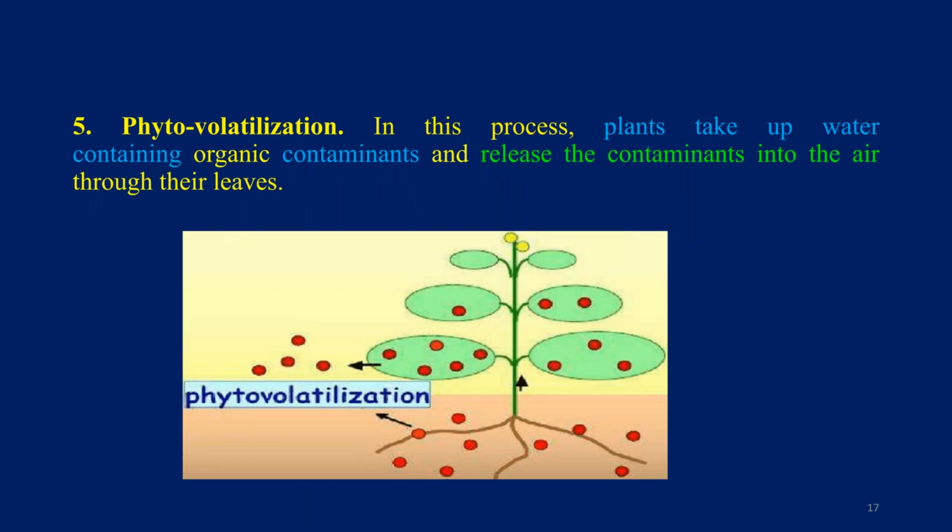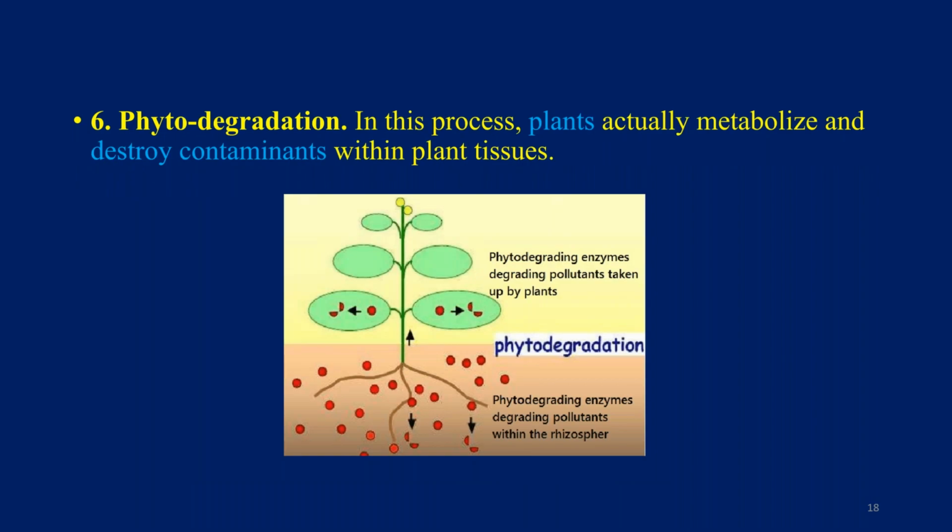Phytovolatilization. In this process, plants take up water containing organic contaminants and release the contaminants into the air through their leaves. Phytodegradation. In this process, plants actually metabolize and destroy contaminants within plant tissues.